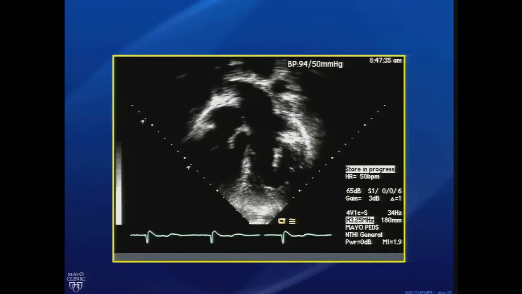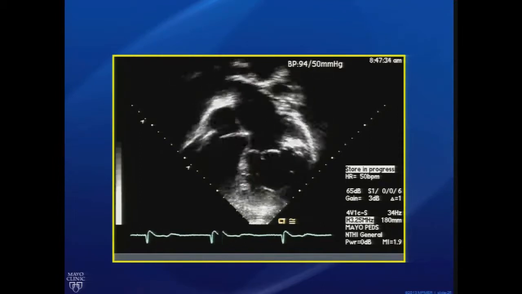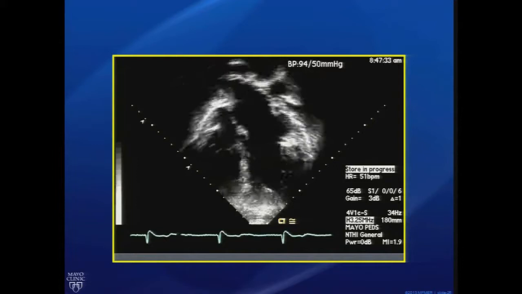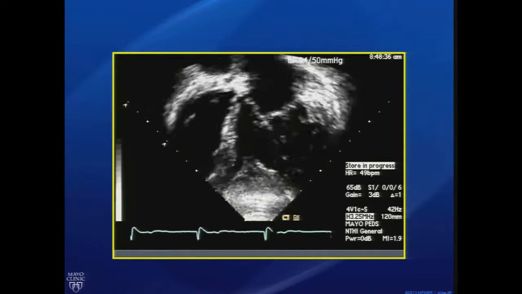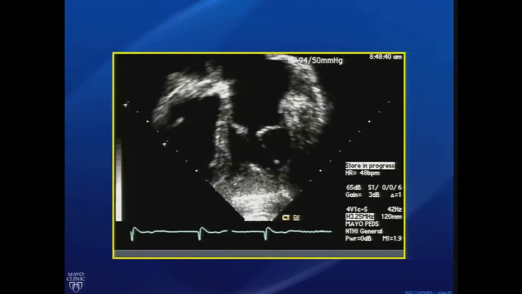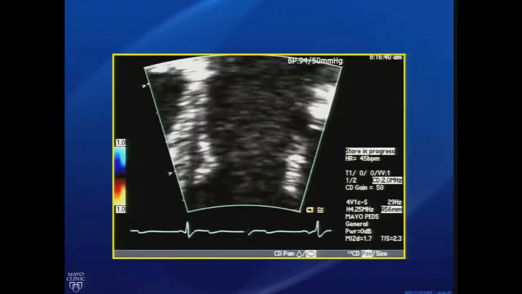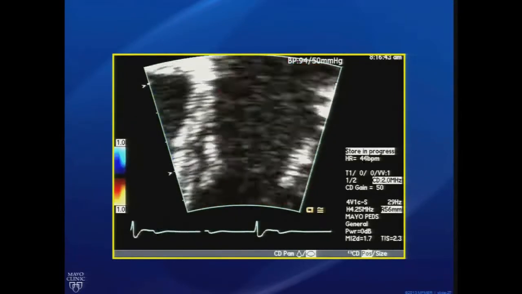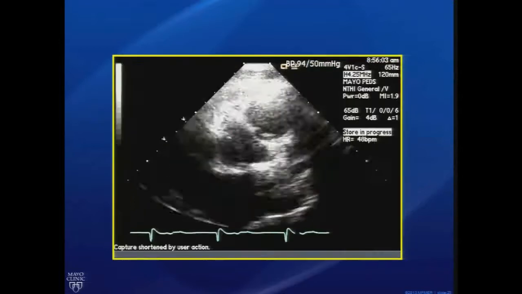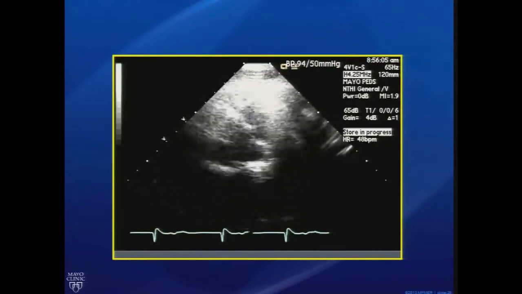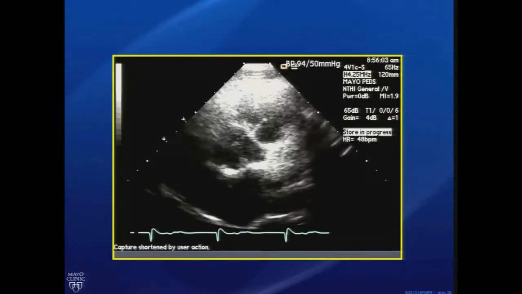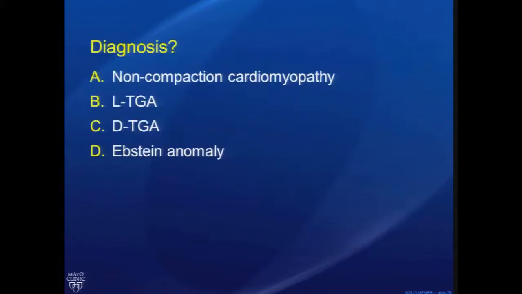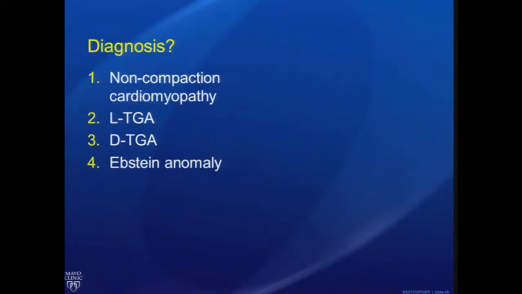Apical 4 congenital format. Back to some parasternals for you. What's the diagnosis? Non-compaction, LTGA, DTGA, or Ebstein anomaly.